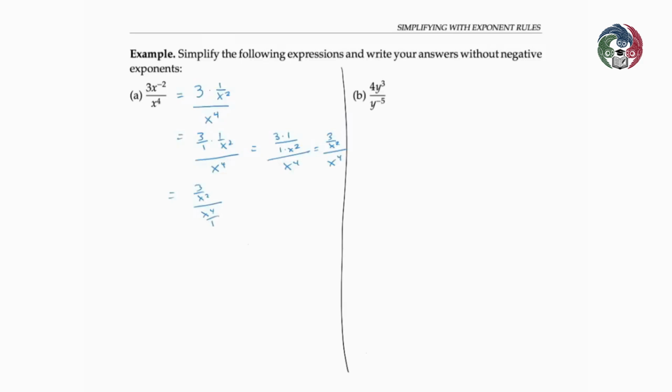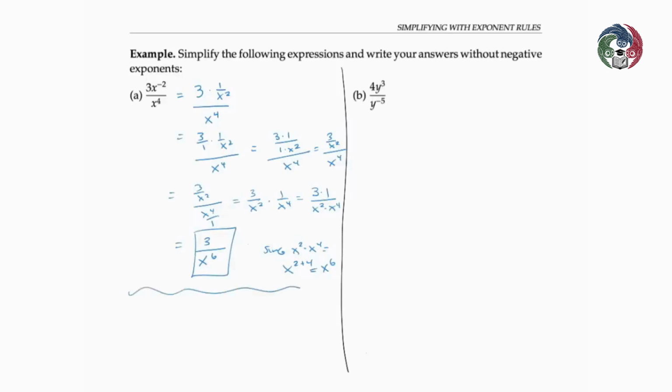So now I have a fraction over a fraction, which I can evaluate by multiplying by the reciprocal. That simplifies to 3 times 1 divided by x squared times x to the fourth, which is 3 over x to the sixth, using the product rule, since x squared times x to the fourth is equal to x to the 2 plus 4, or x to the 6.